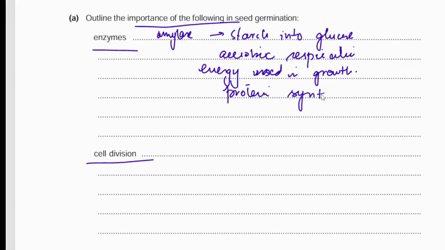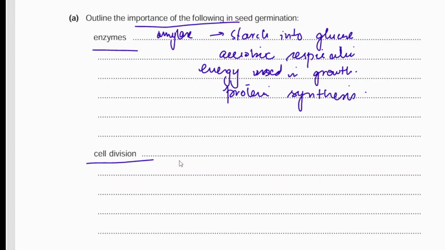Yes, we can write about the amylase and its function: starch into glucose, glucose in aerobic respiration, energy used in growth, let's say protein synthesis, because they are important for growth.